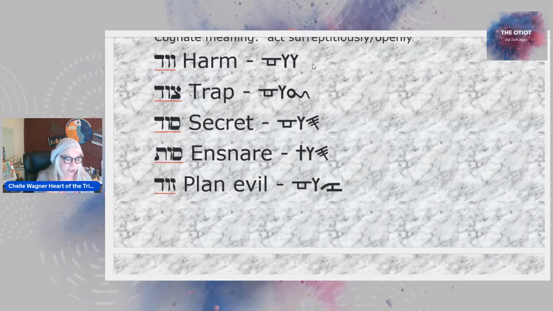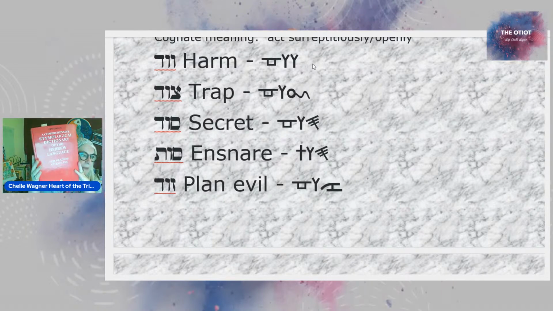Then it's going to give me a Strong's number. At that point, I can find every verse where this root shows up. And I can then even take it to my other etymological dictionary, which would be this one, and I could not only find roots, but also full words.